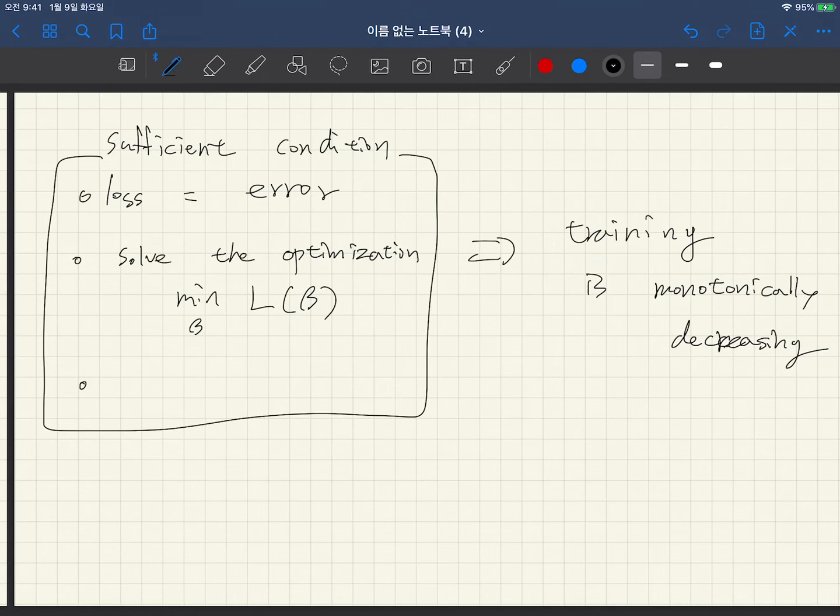And the third condition is that your function class with n1 parameters is a subset of your function class with n2 parameters for all n1 smaller than n2. So this means if your training error is not monotonically decreasing, at least one of these conditions is not satisfied.